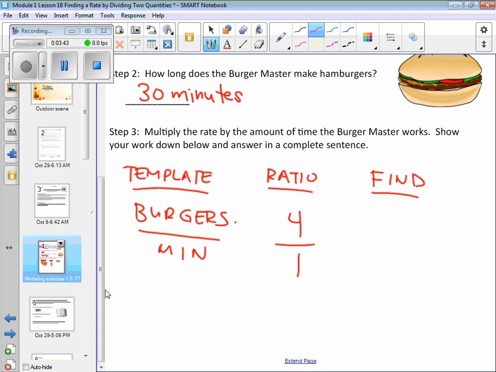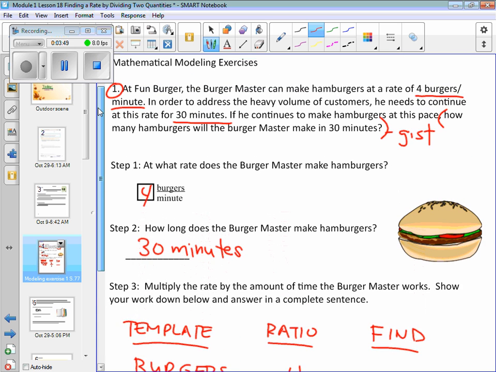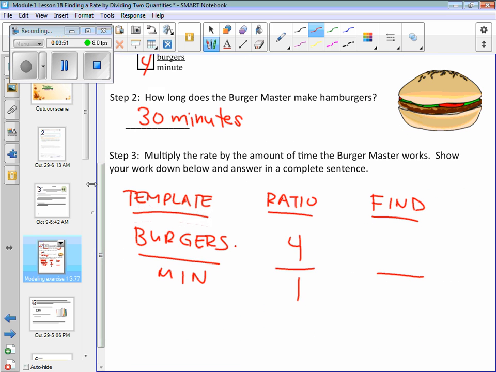And then in the last column, we take the last VIP, which was 30 minutes. Where does that go, top or bottom? Peyton. Top. Well, is it top? It's 30 minutes. We've established minutes as bottom, right? So it's got to go bottom. Which leaves what we're trying to find as this.